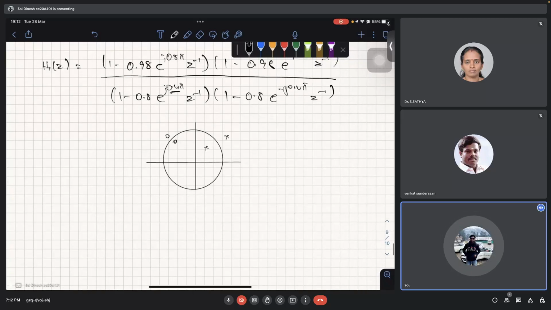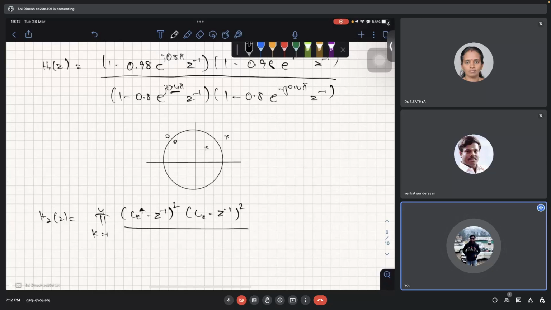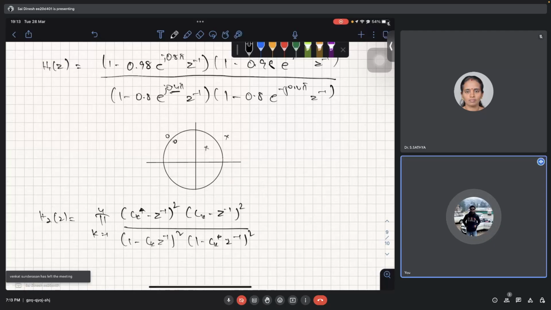And then the second one is H2 of Z, the product for k equal to 1 to 4 of Ck star minus Z inverse whole square, by 1 minus Ck Z inverse whole square, 1 minus Ck star Z inverse whole square, right?